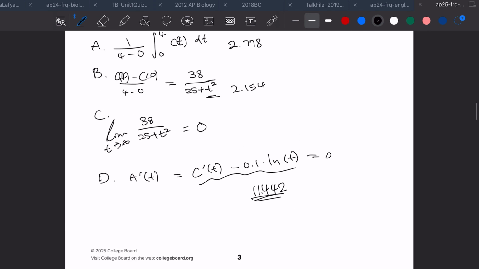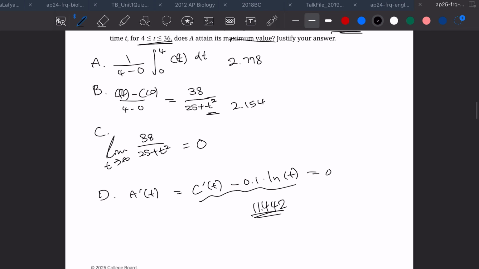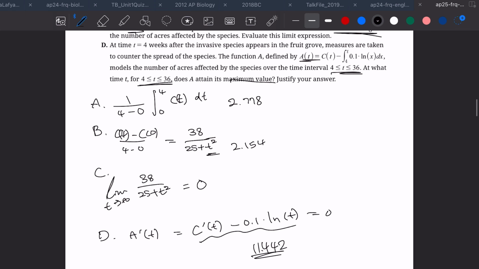For justification of this answer, we can say that the critical point is when a prime of t equals 0, which is the maximum value. And a prime of t is equal to c prime of t minus 0.1 times ln t. So we find when this is equal to 0, and we get 11.442.